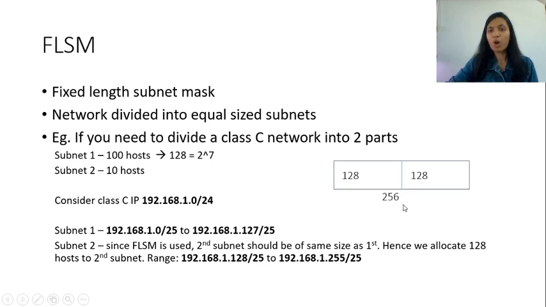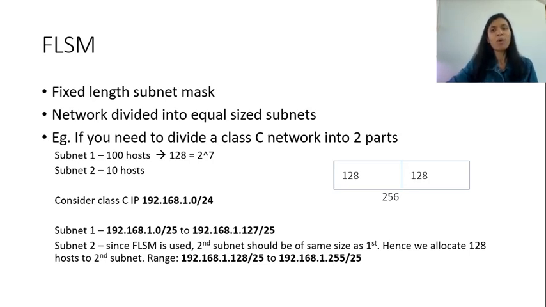If you have 256 addresses, you can divide it as 128, 128. That means all of your subnets would have the same subnet mask. Then we say that it is FLSM.